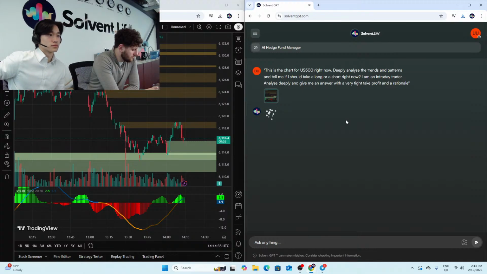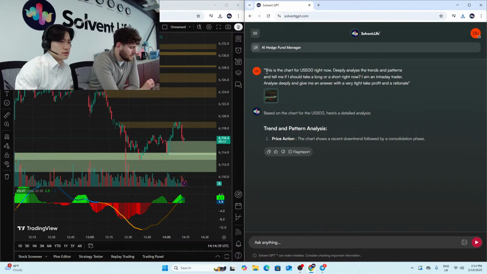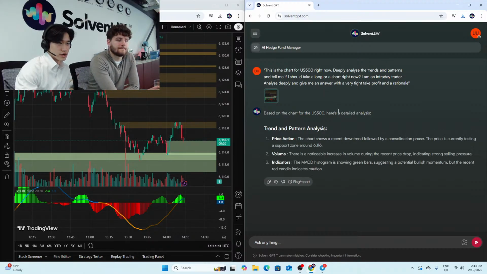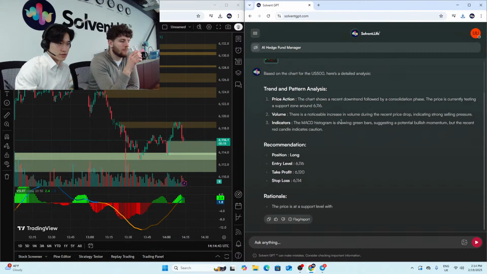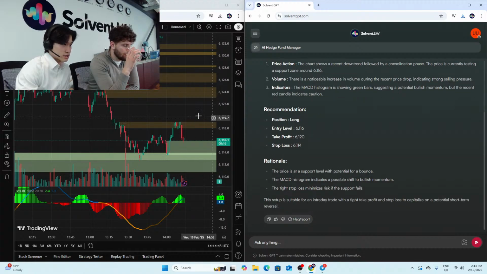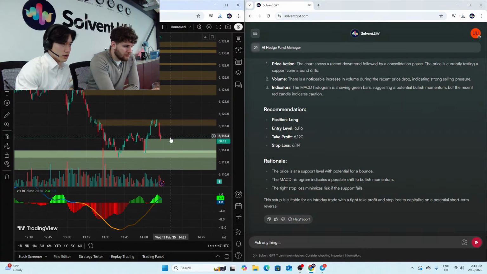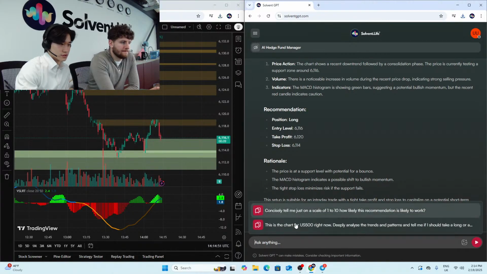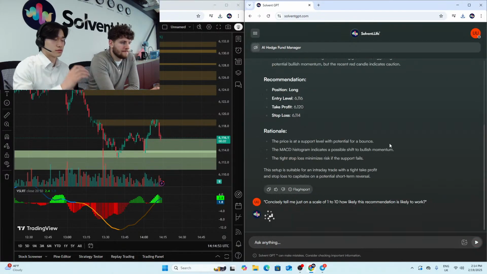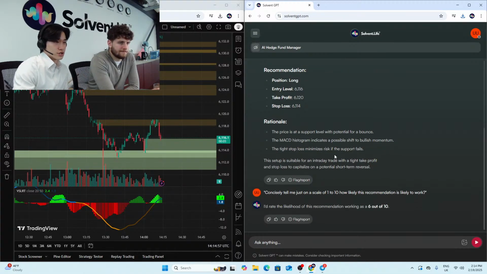So, this is the chart of the US 500 right now, deeply analyze the trends and patterns. So it does still say long. We'll ask it for a confidence rating. How confident are you that this recommendation is to work? 6 out of 10 at the moment.